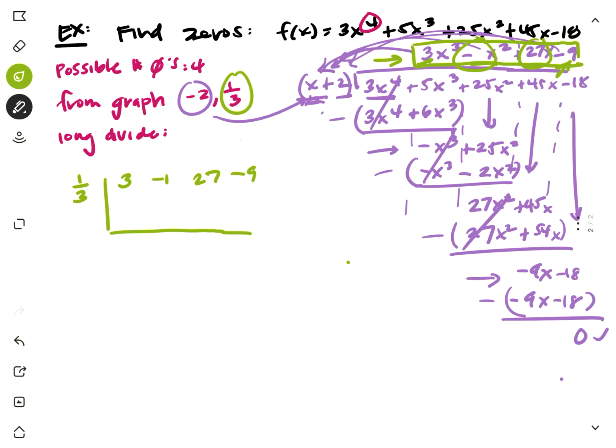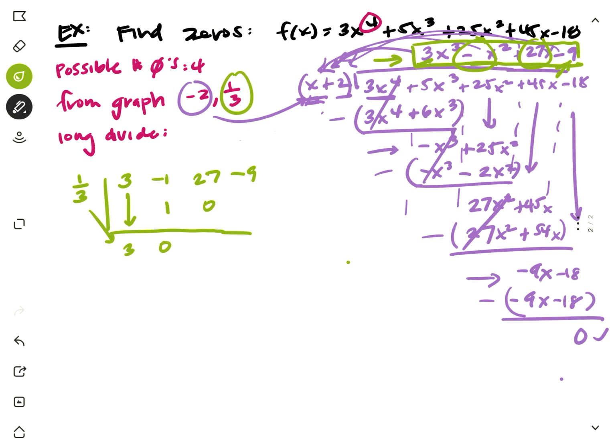Okay, so for synthetic division, what we're going to do is drop down our first number. And we're going to multiply. So 1/3 times 3 is going to be 1. Then we're going to add the two numbers and drop it down.